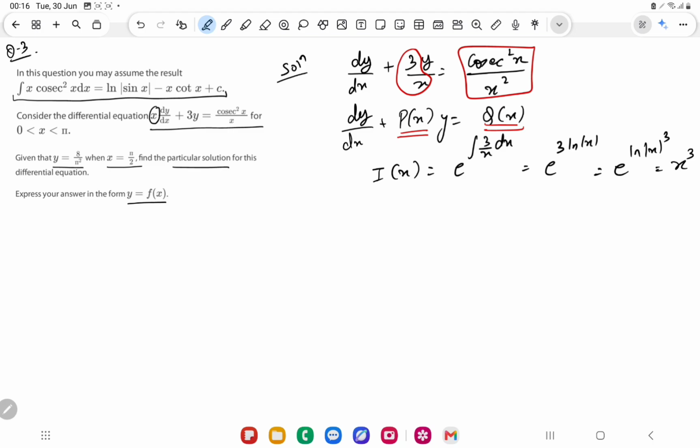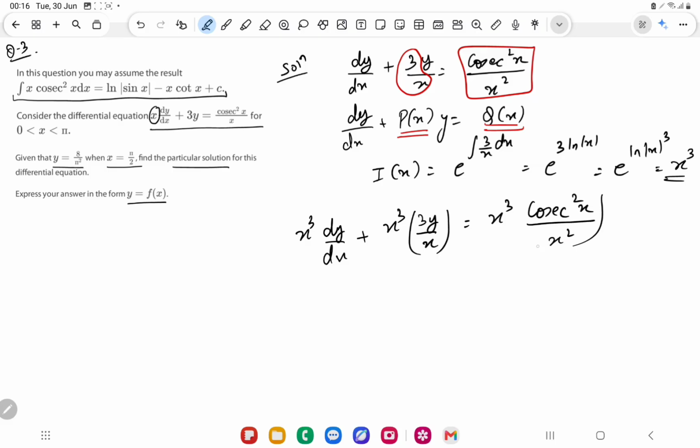Second, we have to multiply the entire equation by this integrating factor. So this becomes x cube dy over dx plus x cube into 3y by x equals x cube cosec square x over x square.